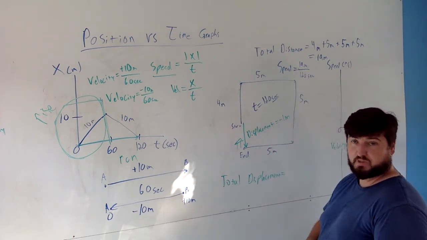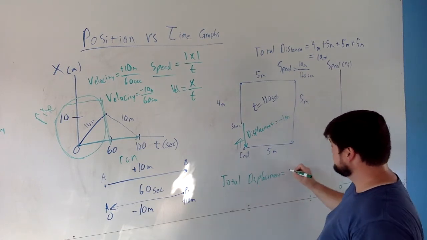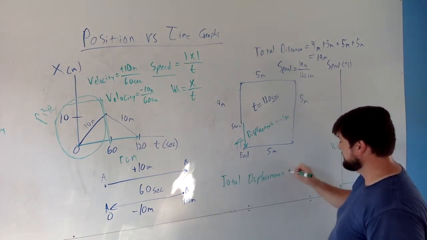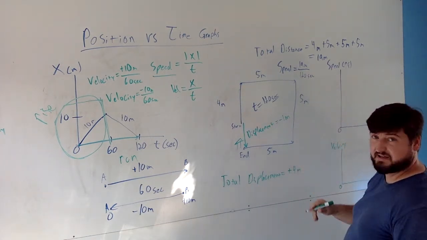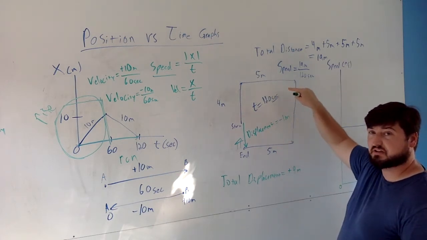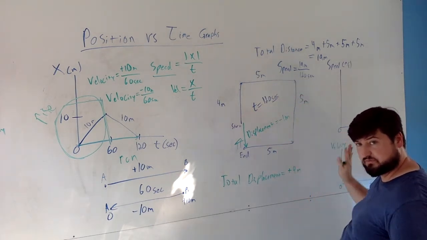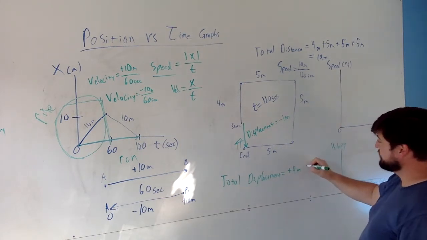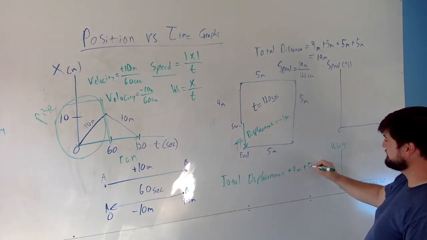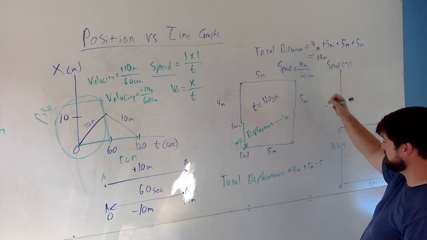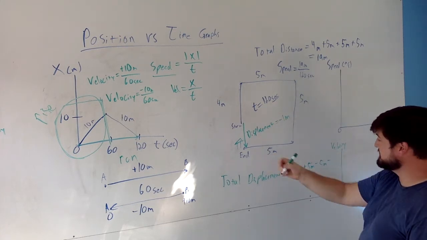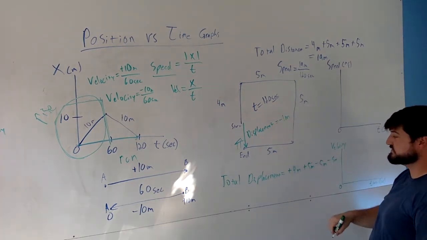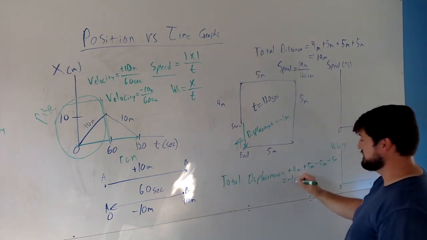1 meter. So your velocity, so total displacement was plus 4. And again, remember, I'm just basically saying that you're going in the x direction. I'm just showing it this way so you can see it a little bit easier, okay? We went plus 4, plus 5, minus 5, because you're now going down, and then minus 5 more, which gets you to a total displacement of minus 1 meter.